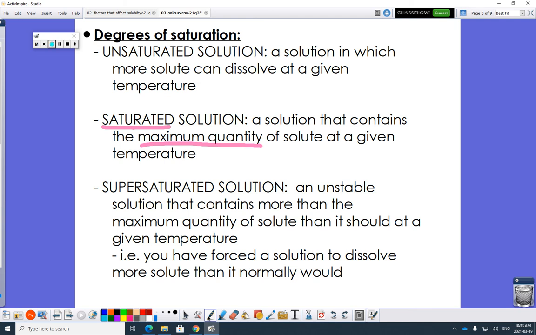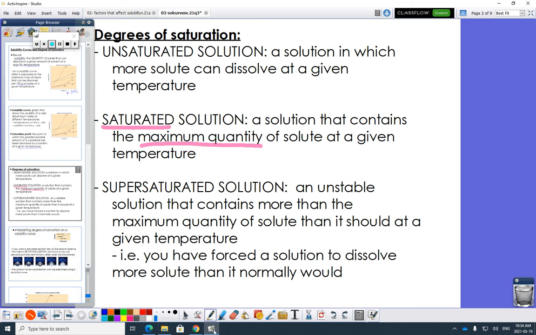That creates a situation that is a little bit unstable. You can add even one more crystal to a solution to get it to dissolve. There are even some supersaturated solutions where bumping it or agitation will make it recrystallize.